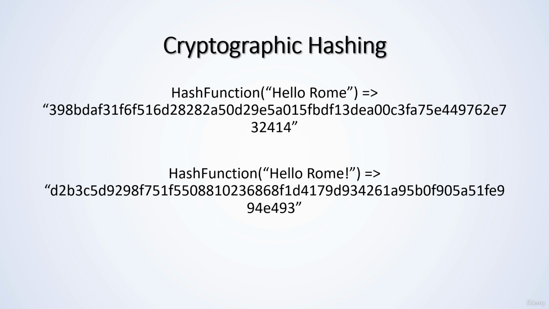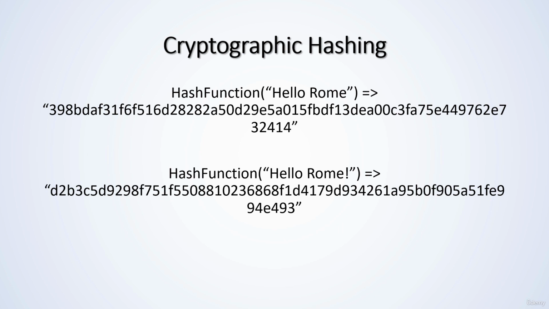You send in something and get out a digest. So let's say you send in "hello Rome" and you get out this digest, 398BDAF and so on. Then you change one character, you add an exclamation mark, "hello Rome!", and suddenly you get a totally different digest, D2B3C5D9 and so on.